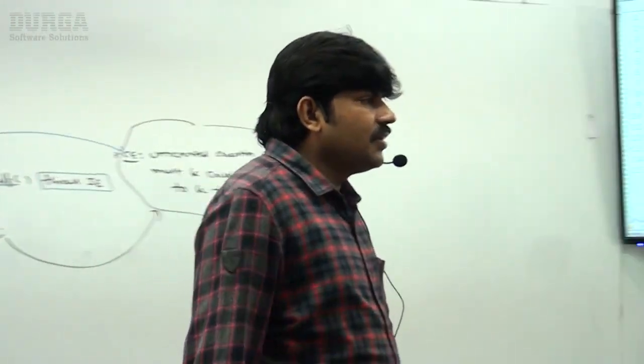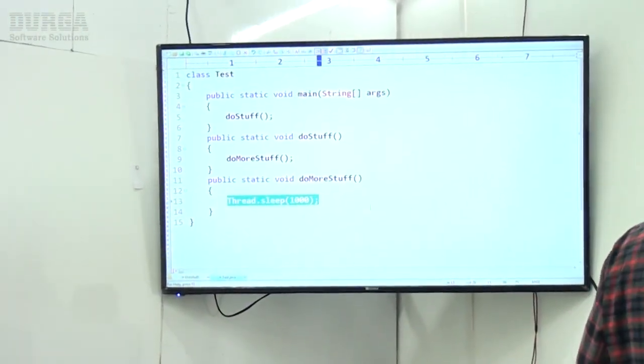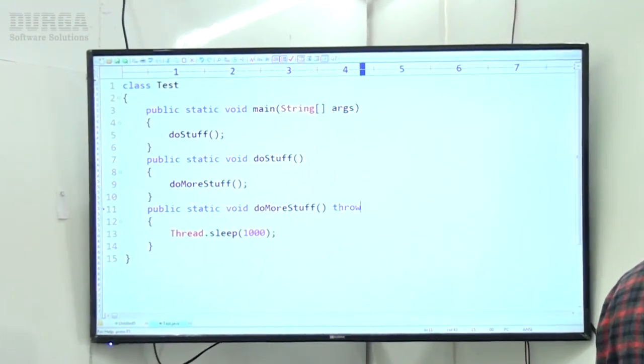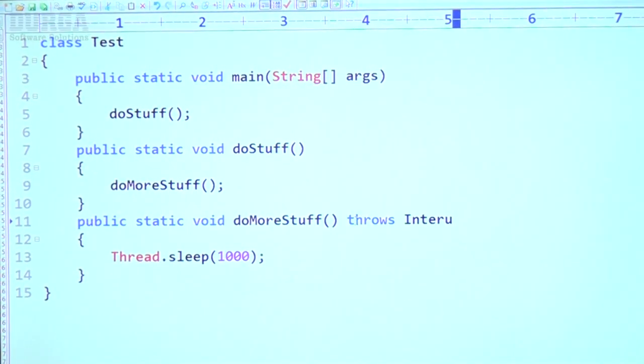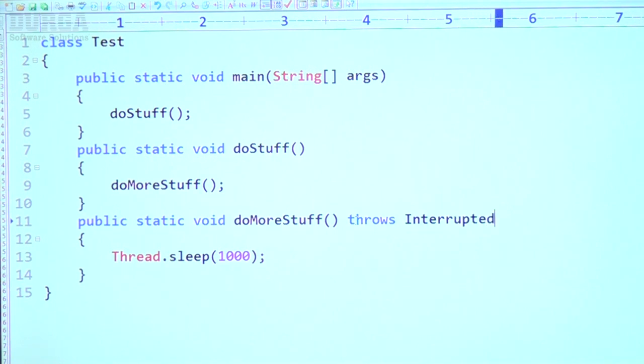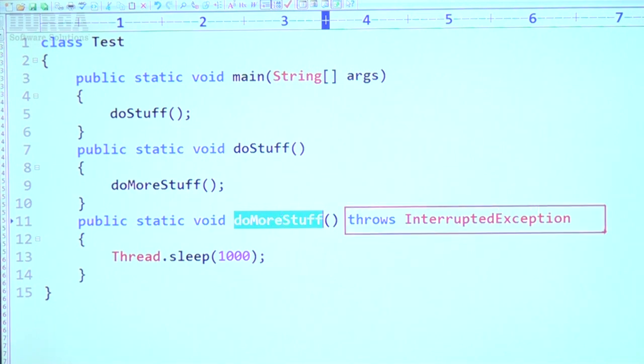Observe that here my doMoreStuff throws InterruptedException. Now doMoreStuff delegated the responsibility of exception handling to its caller, which is doStuff.